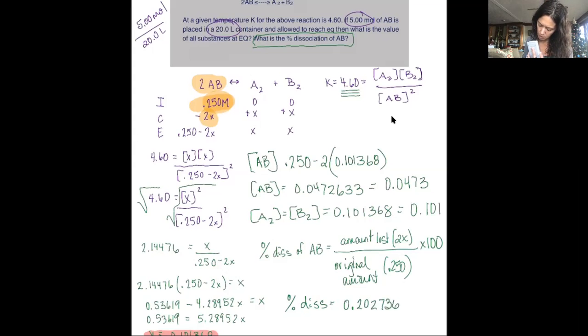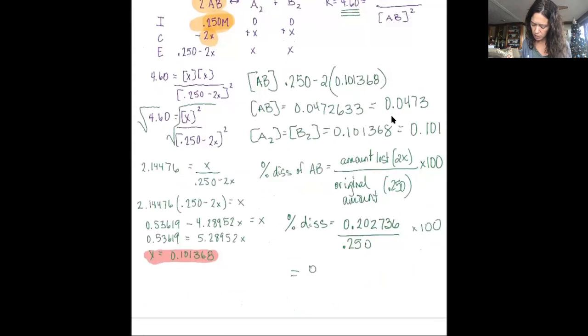Yes, I'm keeping everything, over 0.250 times 100. So divided by 0.25 equals, times 100 equals, it looks like I have an 81.1% dissociation. And that makes sense because most of it went that way.